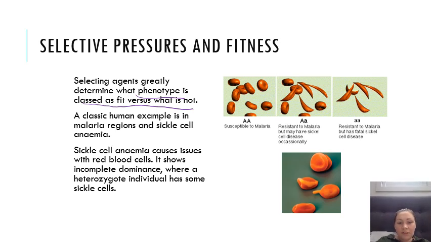Normal cells are susceptible to malaria, while people with sickle cells are actually resistant to malaria, but they've got a serious disease which can cause other complications in their body. So in this particular case, when we're talking about malaria, the person that's got sickle cells is actually going to be fitter than the person who has got normal shaped red blood cells.